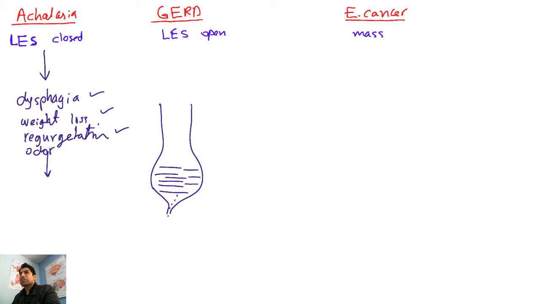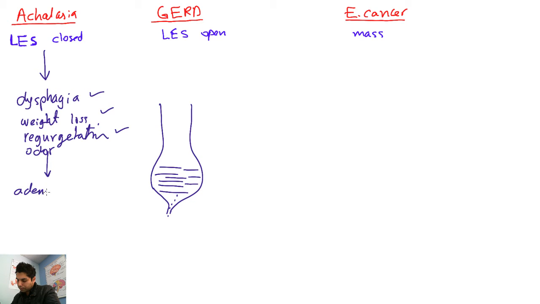Now, complication. What could happen over a long period of time? Cancer. Okay. What kind of cancer? Esophageal cancer. Adenocarcinoma. Okay, adenocarcinoma of the esophagus, let's write this one.